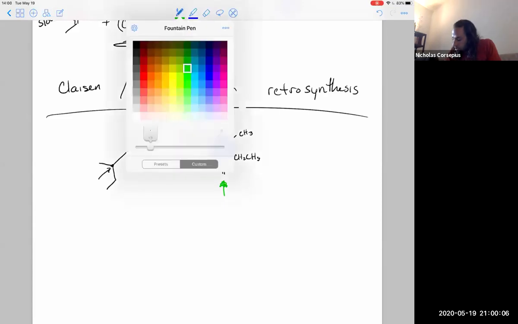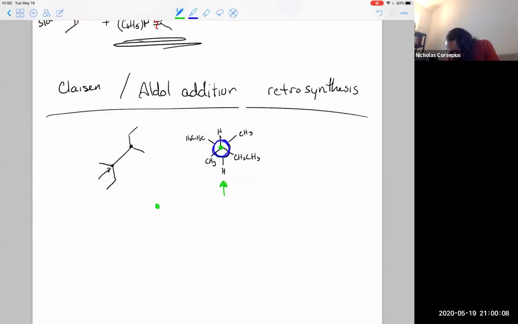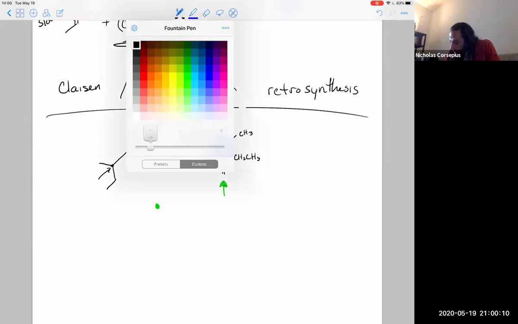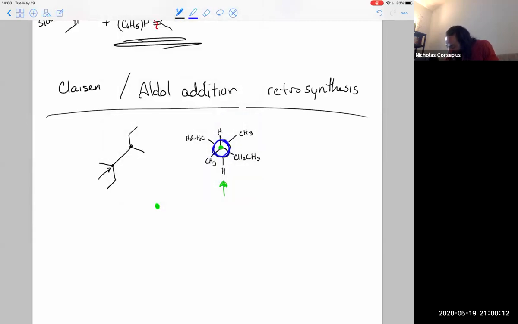Okay. And so just to sketch that out, that means that I would have my green carbon in the middle. I'm specifically looking at it in that direction so that the hydrogen is pointed in the back. And if I'm looking at it from that position, that means my ethyl group is over here. My methyl group is over here.